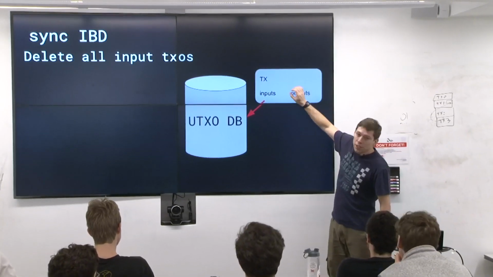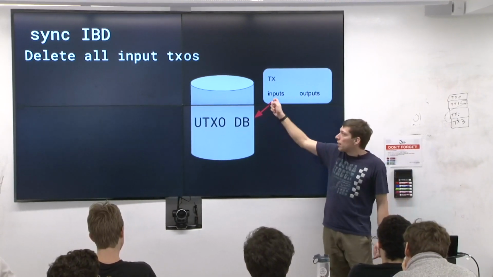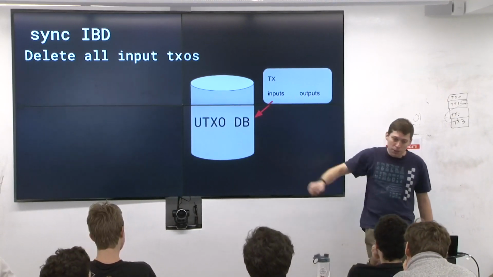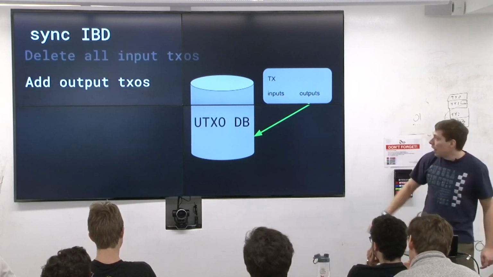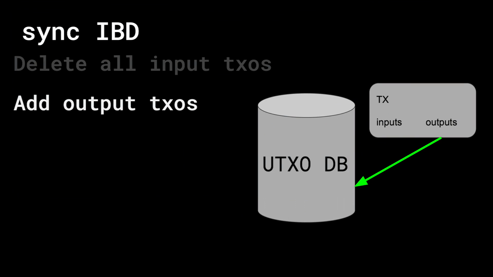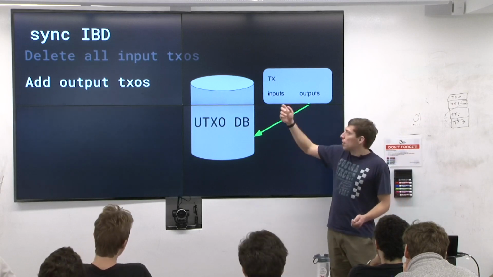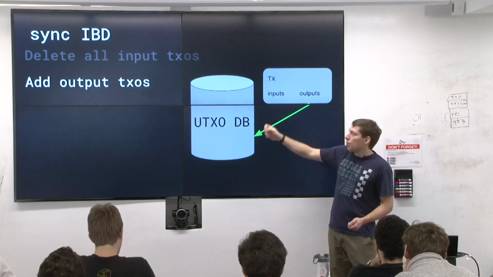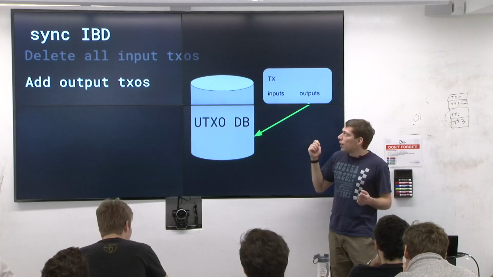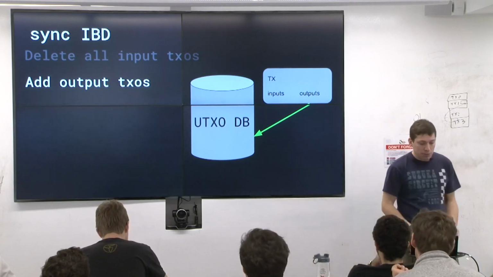Then you're saying, okay, this transaction is good. Now I modify my database by deleting all the inputs that are consumed and adding all these new outputs from the transaction, right? So this modifies the database in place, and you're constantly reading from it to validate inputs, and then writing to it to delete inputs, and then writing to it again to add outputs.